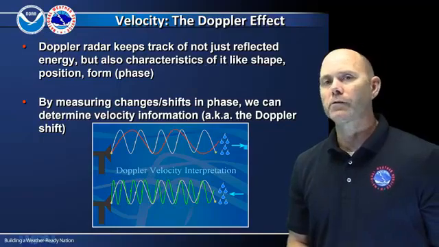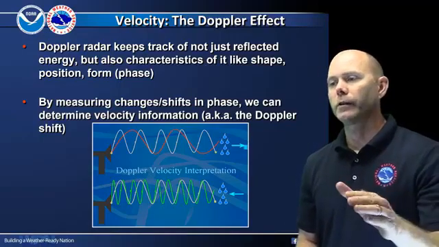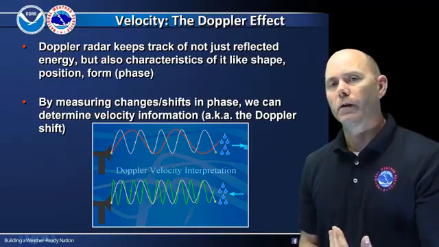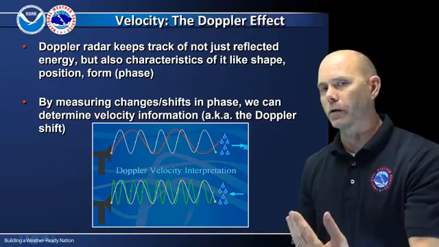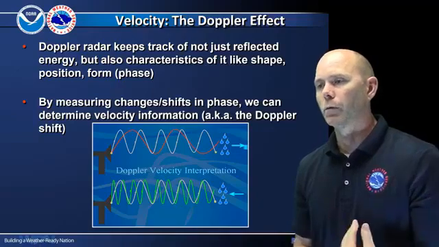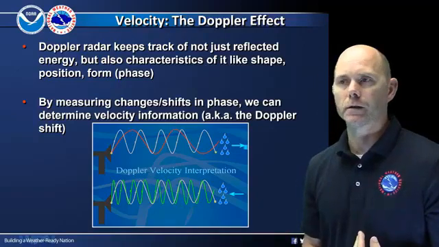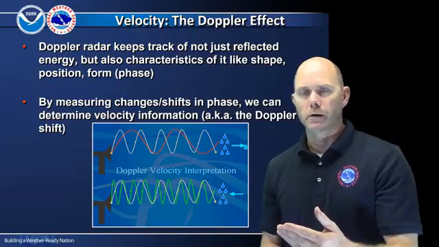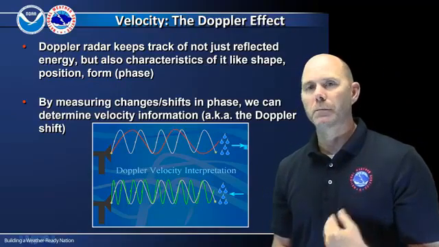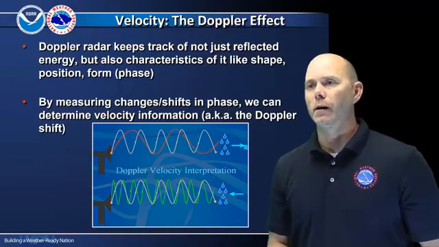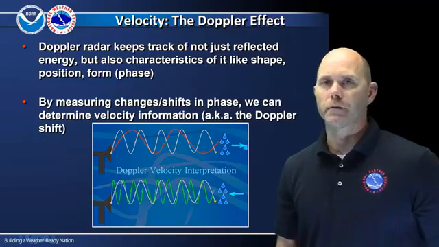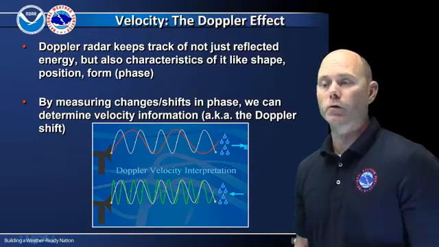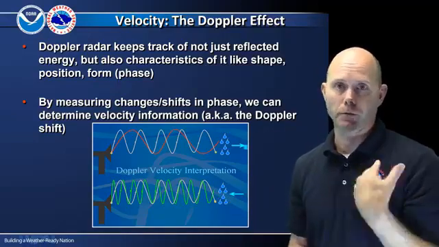The energy that comes out of the radar has a specific phase, and when it reflects off a target, it'll come back with different phase information depending on how that target is moving. The Doppler shift of that wave coming back to us gives us a sense of the winds, because if that water particle is moving away from us really quickly, it'll show up in that phase shift, or vice versa if it's moving towards us.